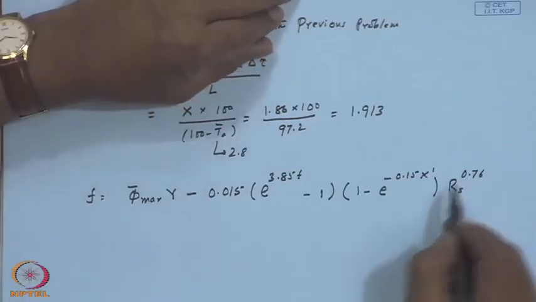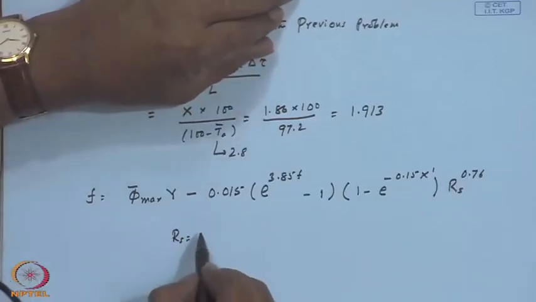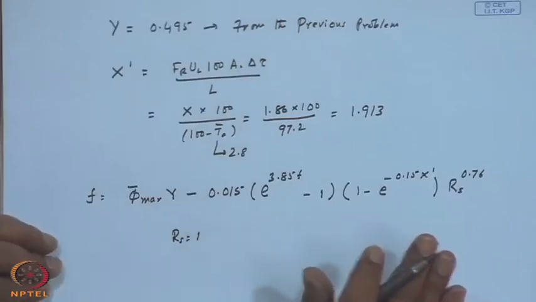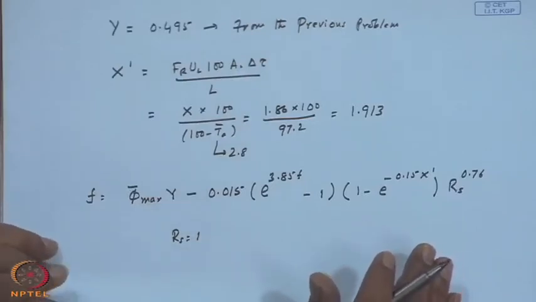So, standard storage, so Rs is equal to 1, and first we are calculating no heat exchanger, no tank losses.